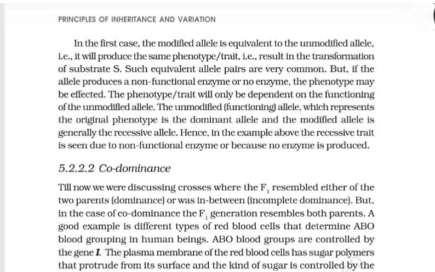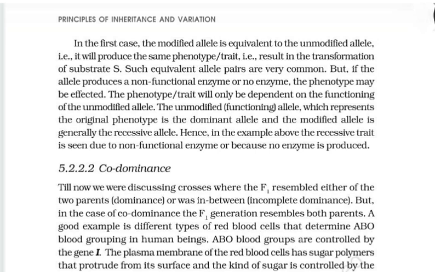But if the allele produces a non-functional enzyme or no enzyme, the phenotype may be affected. The phenotypic trait will only be dependent on the functioning of the unmodified allele.